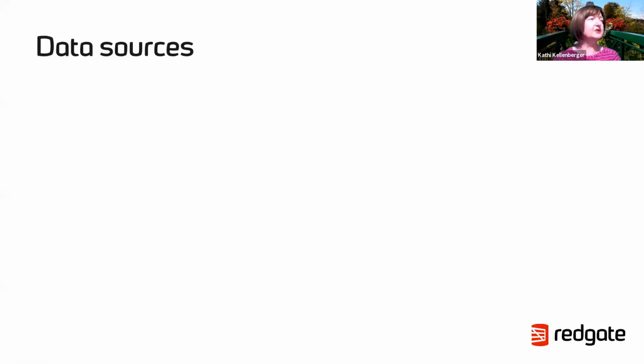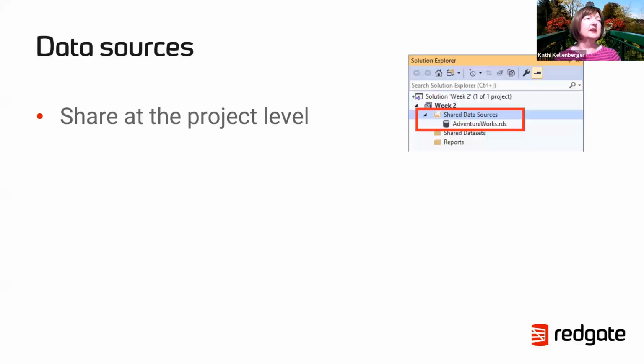One of the best practices is when you create data sources to save them at the project level. What I typically do is create my data sources in my project and always give them the same name for the same server and database, the same exact location. That way, when I publish my reports, my report will automatically hook up to the right thing.